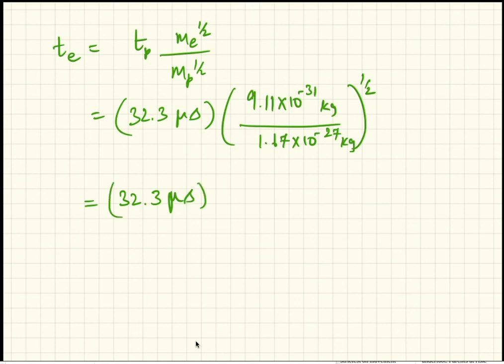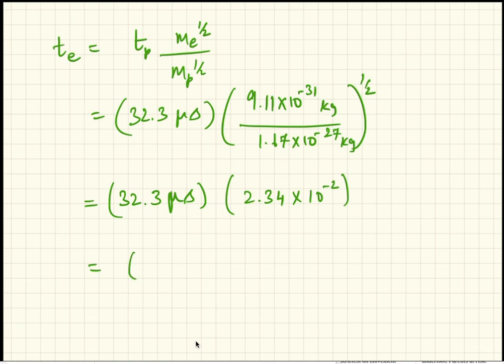That's the time for the proton, and this factor works out to 9.11 divided by 1.67, to the power 0.5, which is 2.34 into 10 to the minus 2.